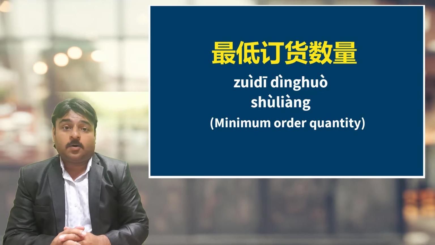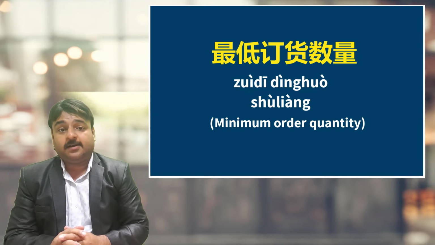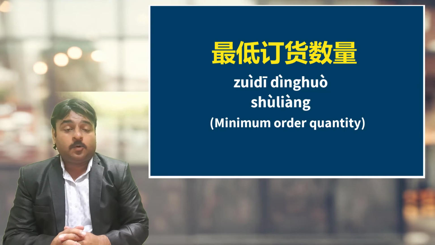Minimum order quantity is very important because the suppliers might not be interested in supplying below a particular quantity, and the buyer also would like to have the least quantity so as to reduce his market risk, first understanding the market before ordering bigger containers or more quantity. So this could be minimum order quantity.